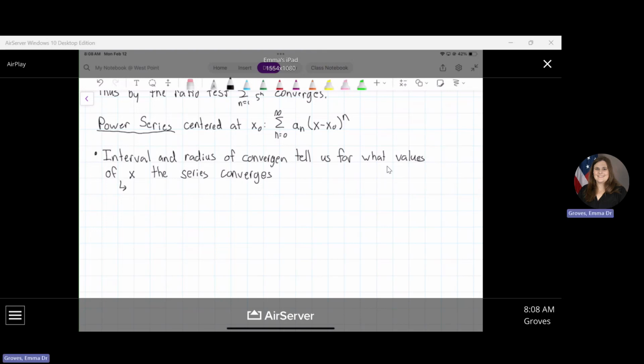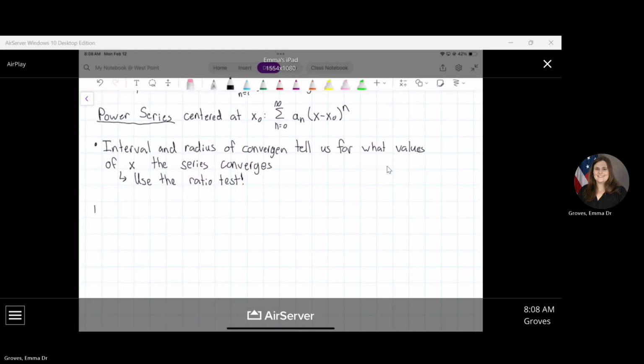And the way we find the interval and the radius of convergence is we use the ratio test, which is why we were talking about it today. So for example, let's say we have the power series, the sum from n equals 0 to infinity of n squared times (x plus 2) to the n all over 3 to the n.